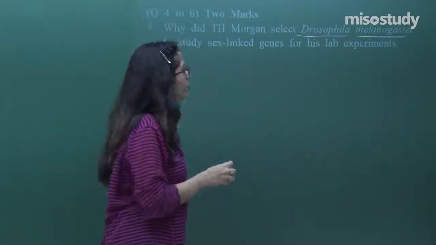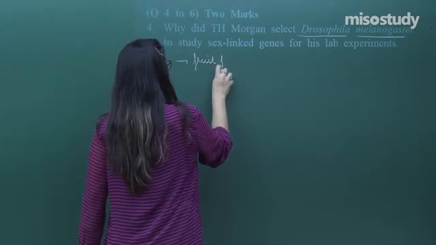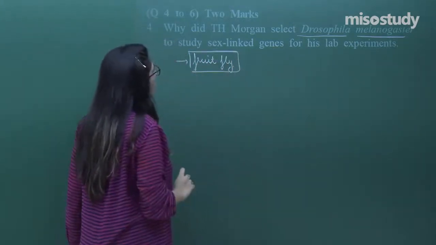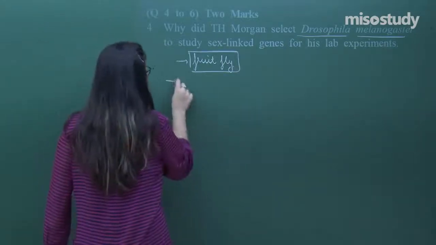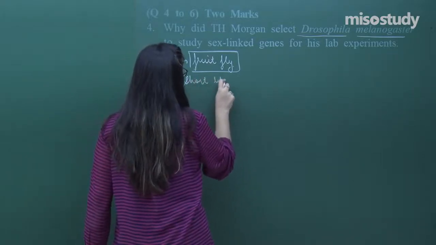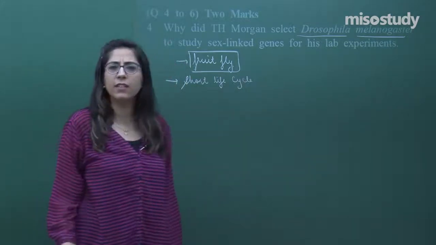This is called a fruit fly. And normally he took only this fruit fly as a model organism. The reason is that it has a very short life cycle. It is easy to study.